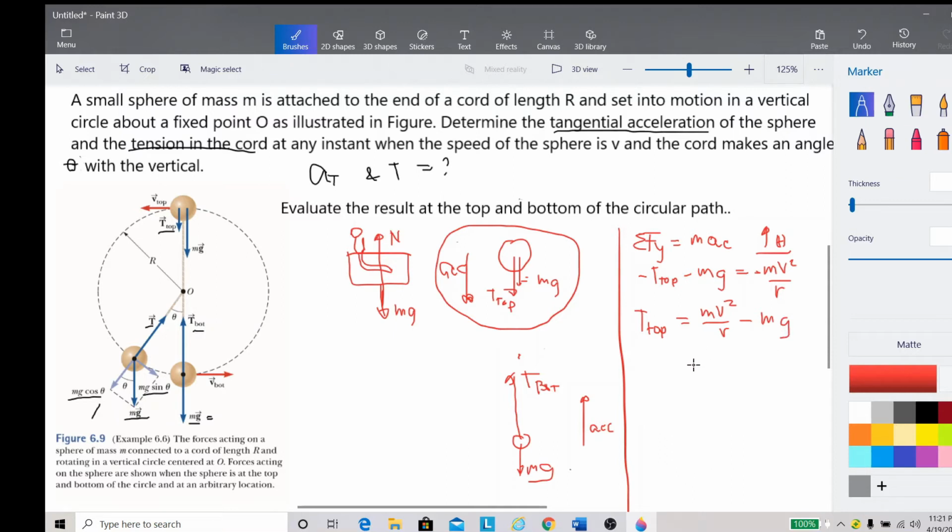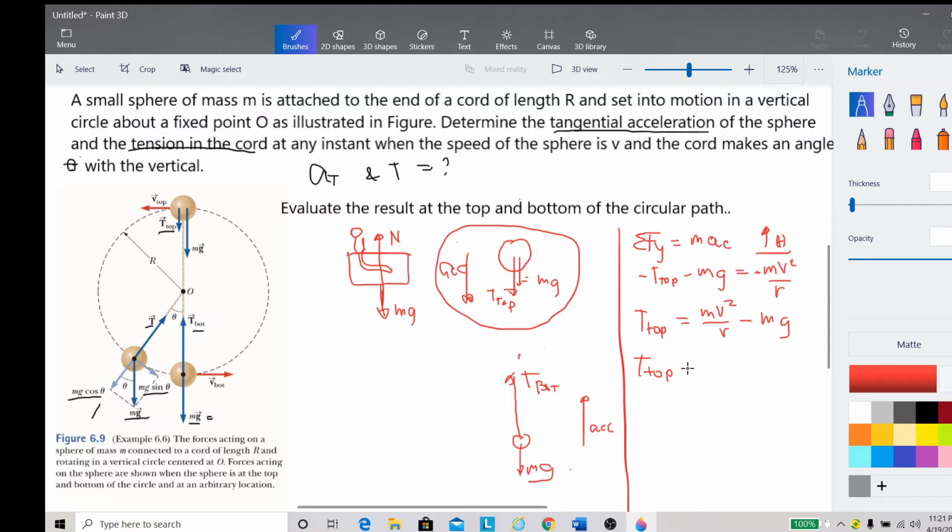Okay. So what we're going to do is to factor out mg. Okay, so T top, ganun pa rin, divide all terms by g, or both sides of the equation by g, and then you factor out m, and then multiply both sides by g.